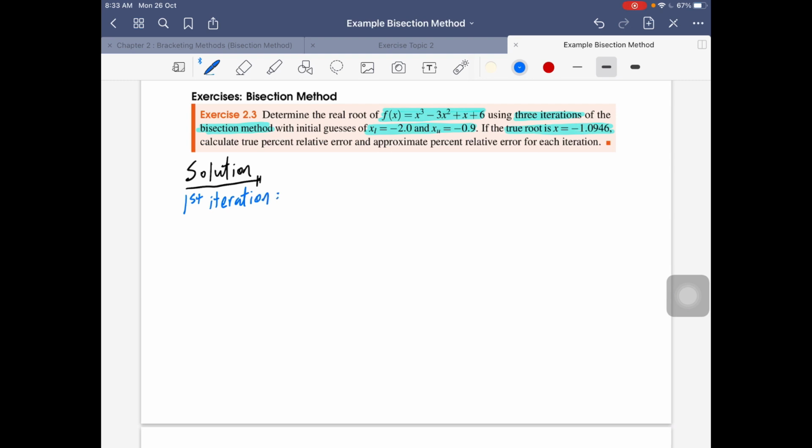In the first iteration, we have interval x between the lower and upper limit, which is given here as negative 2.0 and negative 0.9. Let's calculate f(xL) where xL equals negative 2.0.